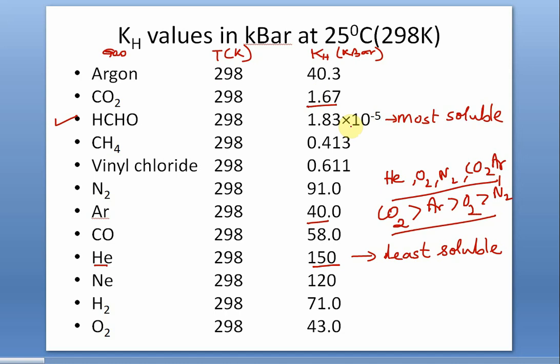Ammonia is also a very polar gas. It may not be lesser than, as I just told you, I withdraw. I do not have a ready reckoner to say convincingly that it is more soluble than formaldehyde. It is much more soluble, but between formaldehyde and ammonia, I cannot give a judgment now.